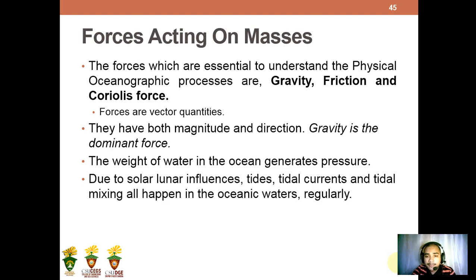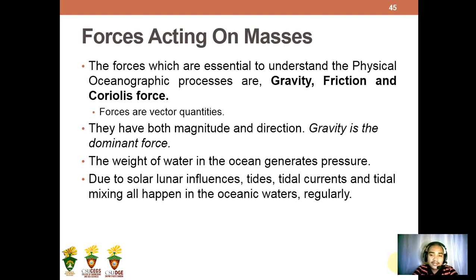Next is the properties of the seawater. And another essential aspect that needs to be understood is the forces that act on the seawater or ocean waters.